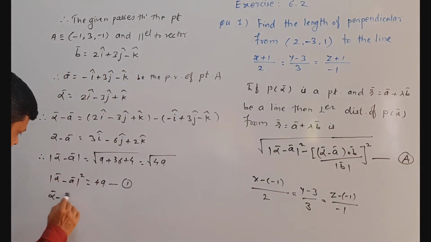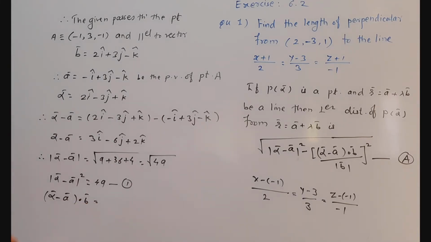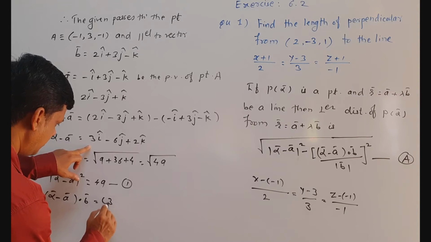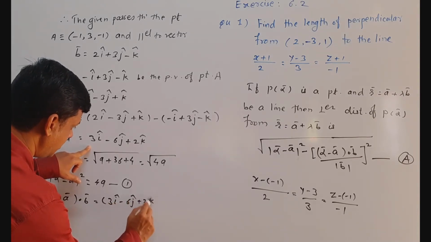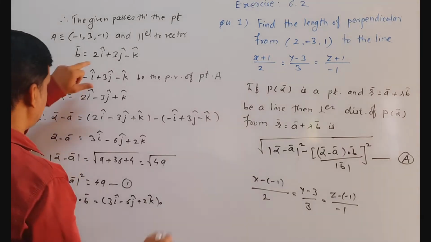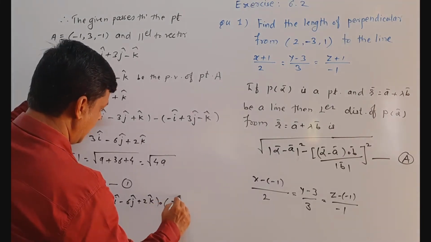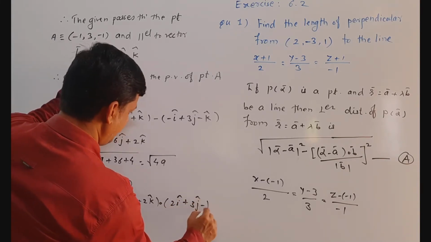Alpha bar minus a bar dot b bar is equal to alpha bar minus a bar, we calculate (3i minus 6j plus 2k) dot b bar, which is (2i plus 3j minus k).